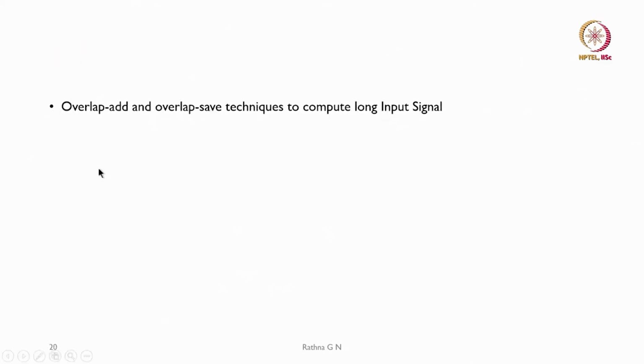And in the next class, we will be covering overlap add and overlap save techniques to compute long input signals, because as you are seeing in the present case, the length of the input is also restricted to n minus 1, whereas in real time applications, input is coming continuously. So, how we can apply this FFT using overlap add and overlap save, in the next class. Thank you.